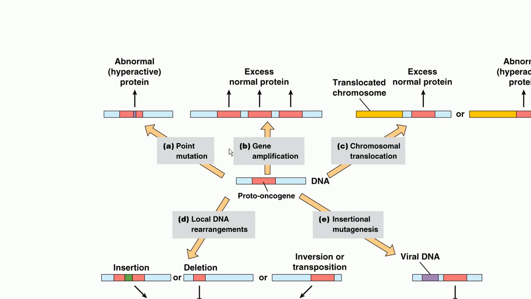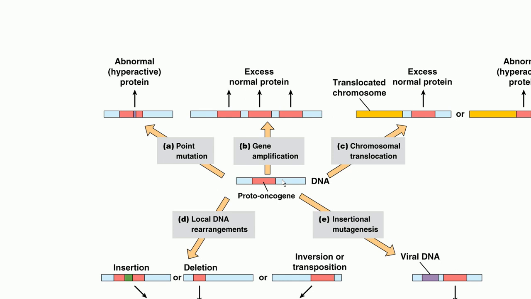Or even in our genomes, some viral DNA can get integrated, and that can result in the formation of excess normal protein. So the changes in our DNA can be a mutation, gene amplification, chromosomal translocations, local DNA rearrangements, or insertional mutagenesis.